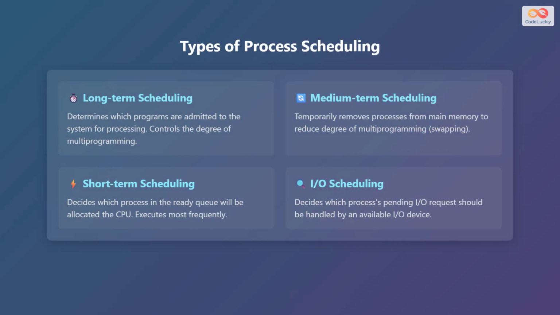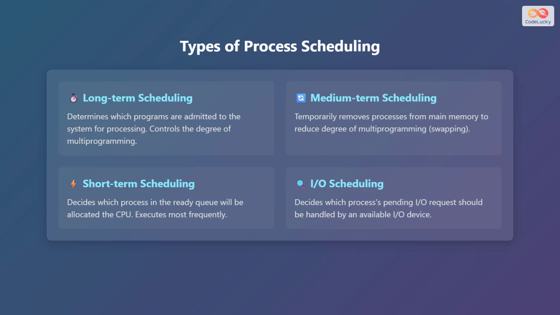There are several types of process scheduling, each serving a specific purpose. Let's explore them. First, we have long-term scheduling, which determines which programs are admitted to the system for processing. It controls the degree of multiprogramming. Next is medium-term scheduling, which temporarily removes processes from main memory to reduce the degree of multiprogramming.